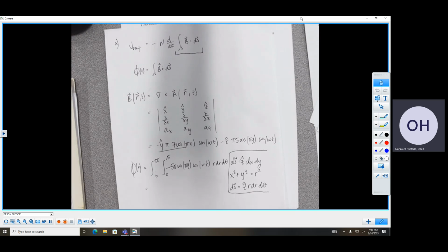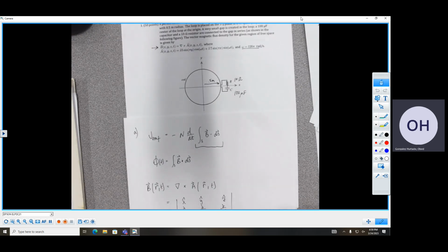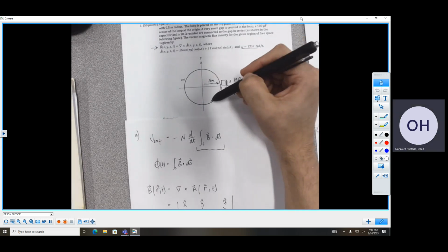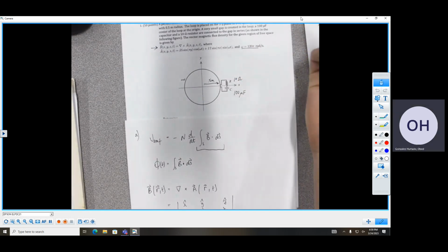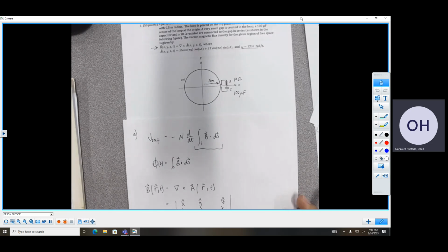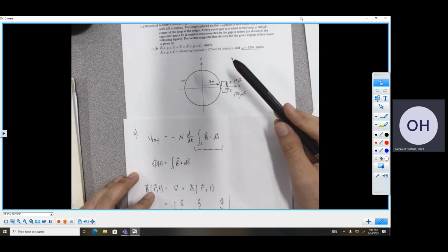Because if you want to take a dx dy, then you have to do the whole thing this way. You find your bounds. So it's all depending on which way you want to make it. If you want to make your life easy, this is circular.